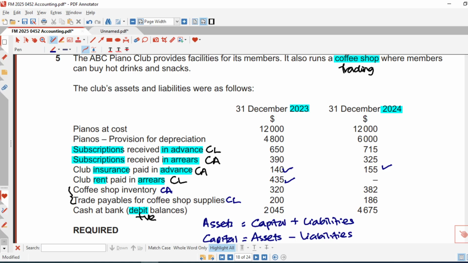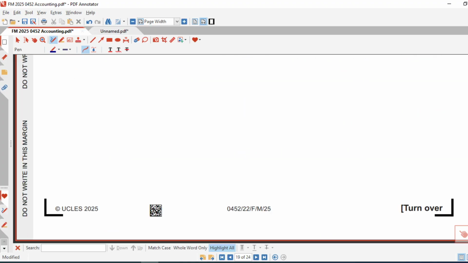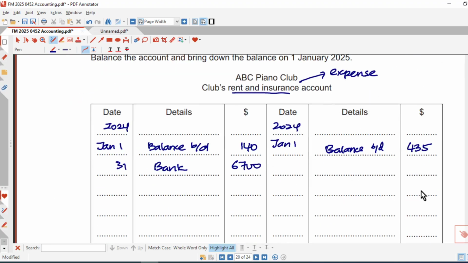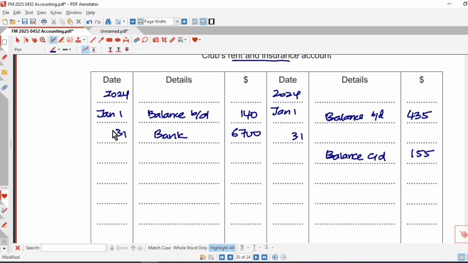We are just going to have a carry down for insurance in advance. So I'm going to park that on the credit side. 155 balance carry down, and you will be very familiar now why I left a space in between, because that's where we are going to calculate the charge to the income and expenditure account.